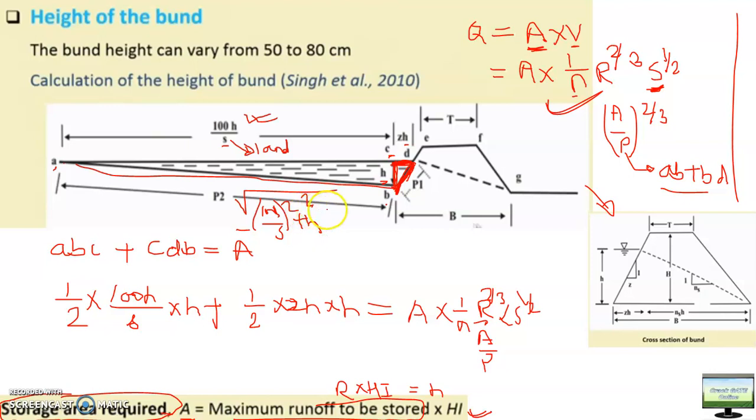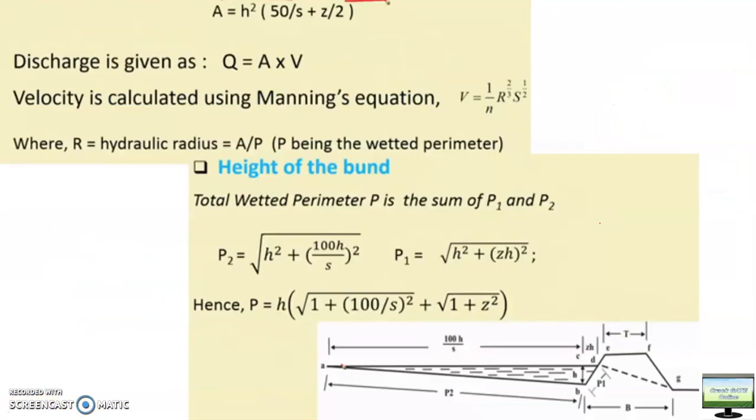That will become your wetted perimeter, plus this length, which will also be the square root of (ZH) whole squared plus H squared. Okay, so let me show it here. So your area will become this one.